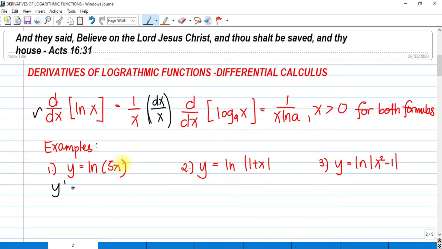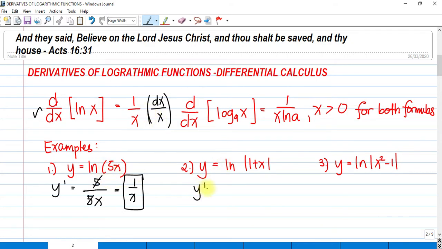So the derivative of 5x with respect to x is simply 5. And that is over the original function, which is 5x. As you can see, this 5x could cancel. So we have 1 over x as our answer for this problem. Pretty easy. Again, the derivative of the inside function 5x over its original function, which is 5x.